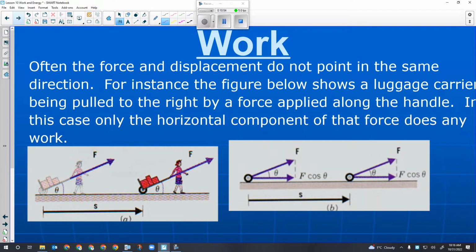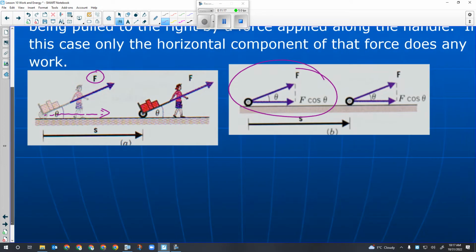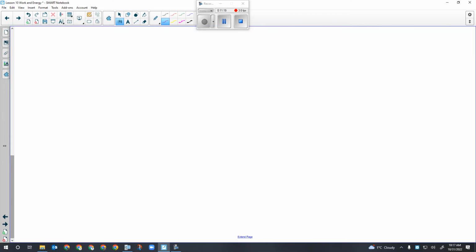And that, in this case, would only be the horizontal component of that force, which is why I would have to go F, this force here, times the cos of theta to get that side. That's the direction in which the box moves, therefore that's the direction in which the work was being done. Okay? So we actually changed the formula slightly in Physics 20 from Science 10 to look like this.